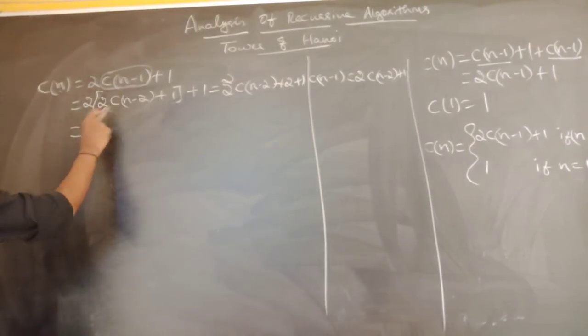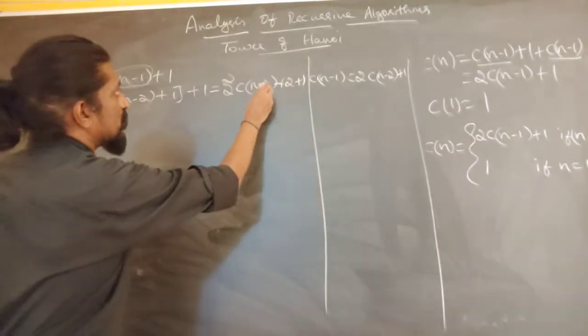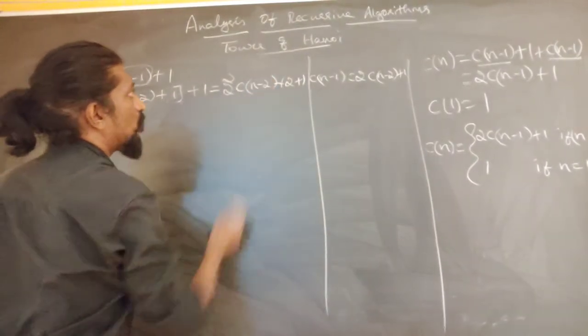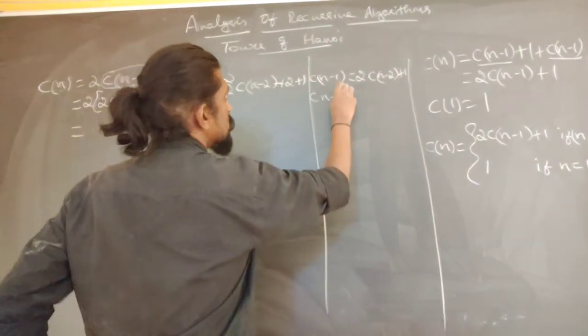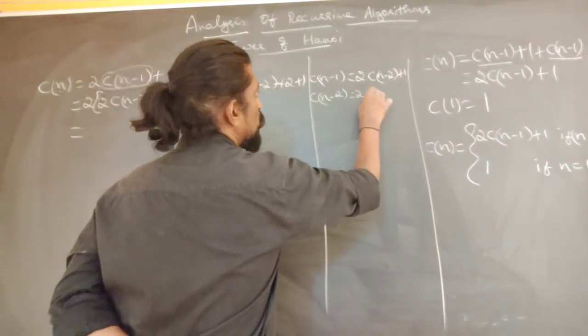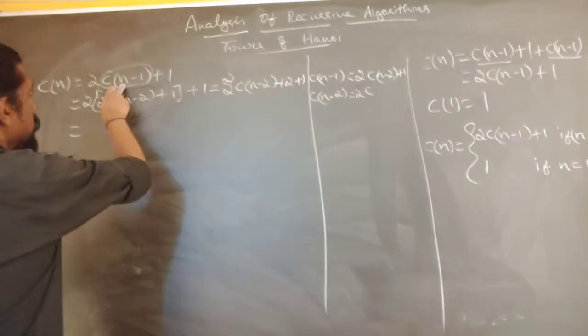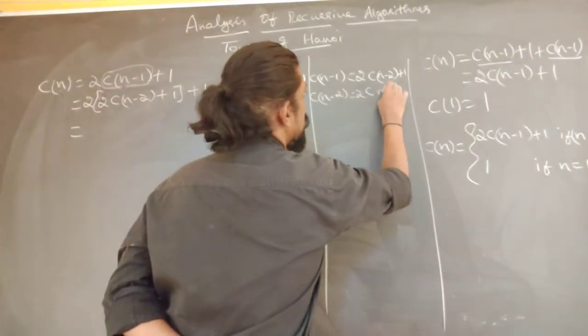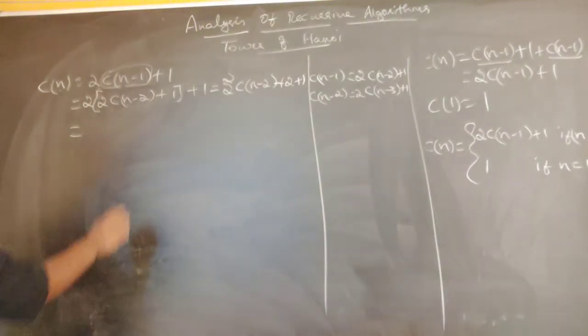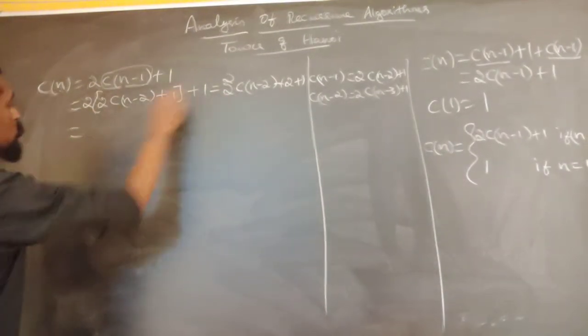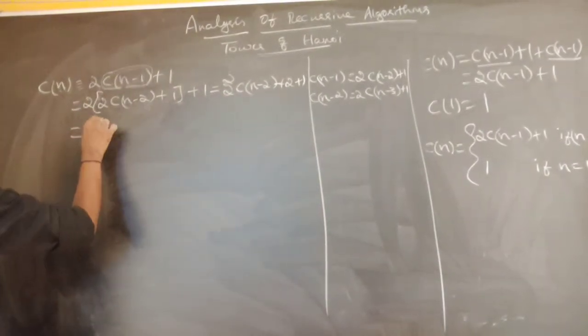So now this requires C of n minus 2. So what is C of n minus 2? We don't know. Once again, we will substitute in the same expression. C of n minus 2 is equal to 2C of, when you substitute n minus 2 over here, this will become n minus 3 plus 1. So that we will substitute here. This 2 squared will be as it is.